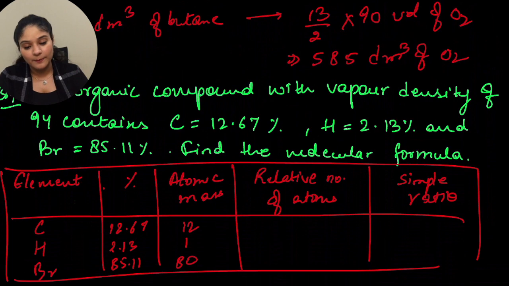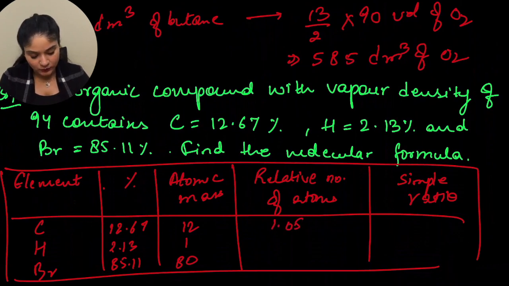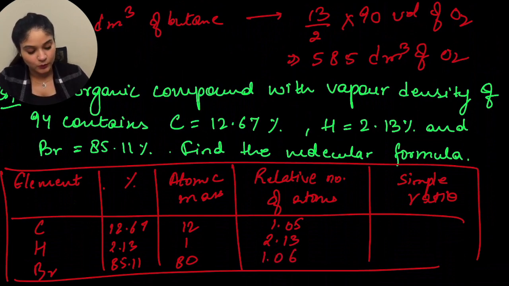Now for relative number of atoms, you simply divide these. I'll just do that real quick. In this one you'll get 1.05. For the next one you have 2.13 divided by 1, you end up with 2.13. For the next one you end up with 85.11 divided by 80, which is 1.06. So your simple ratio becomes 1 is to 2 is to 1.